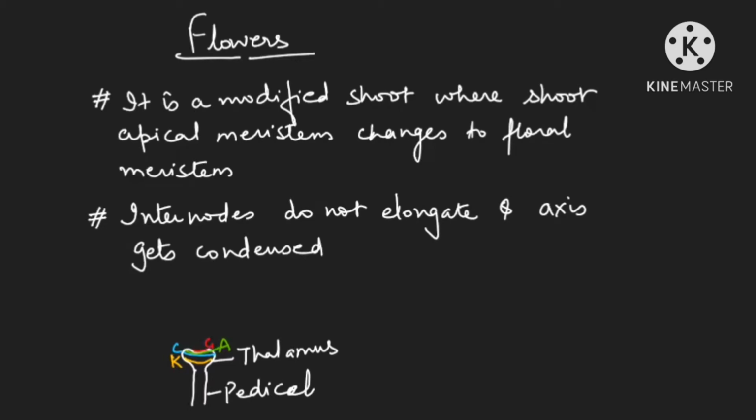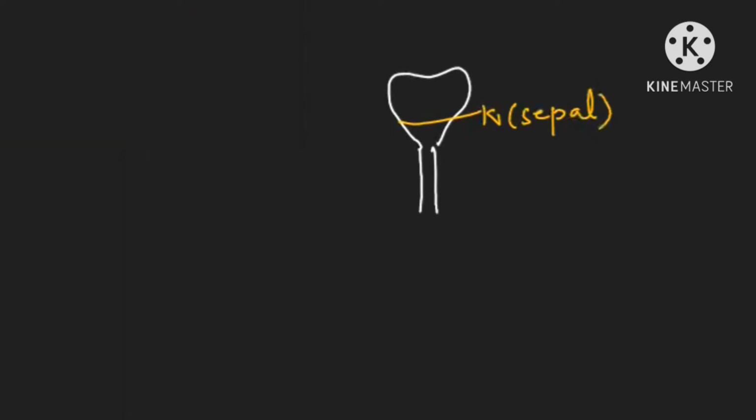How will we justify it? Yes, they are modified leaves. Suppose we induce internode elongation by applying gibberellic acid. Let us see what will happen. Now see here, this is your stalk and this is the thalamus. Here the calyx is present, whose members are known as sepals. Here the corolla, whose members are known as petals.